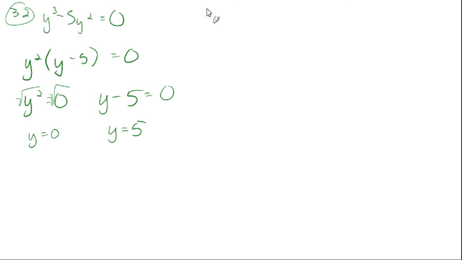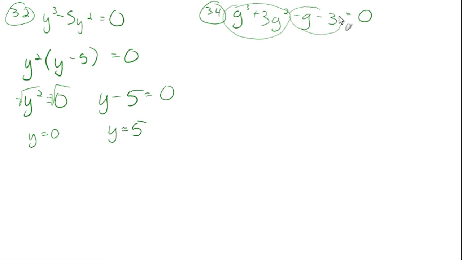Let's go on to 34. g to the third plus 3g squared minus g minus 3 equals 0. So now we see these four terms, and so we have these two groups of 2.